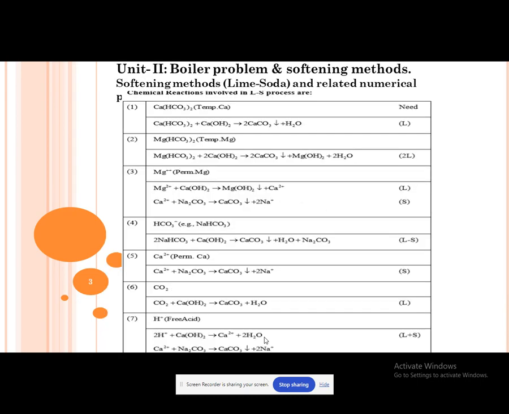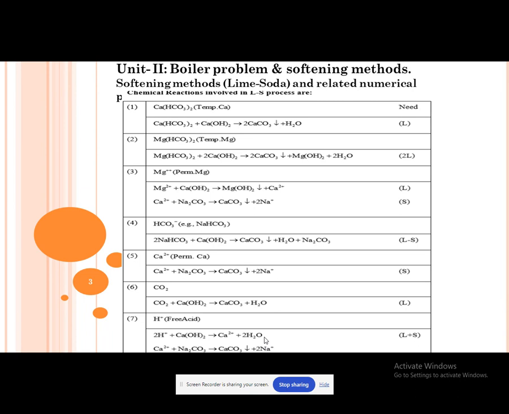These are the precipitation reactions. As we discussed, when lime and soda react with hard water causing dissolved salts in water, they will form CaCO3. All dissolved calcium is converted into CaCO3, whether it is calcium bicarbonate, calcium chloride, or calcium sulfate. In the same manner, all dissolved salts of magnesium, that is magnesium bicarbonate, magnesium chloride, magnesium sulfate, get converted into Mg(OH)2 precipitate.